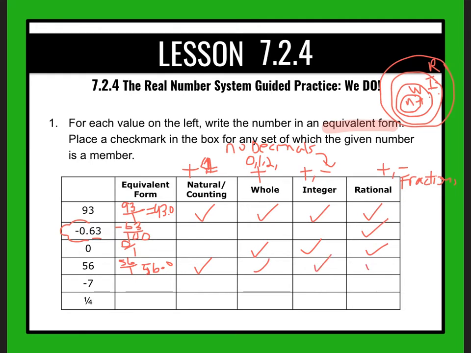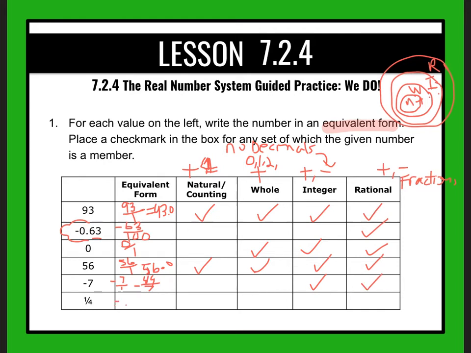I know it's an integer, and it's rational because it can be written in fraction form. Negative 7. Negative 7 I can write as negative 7 over 1. I can even take 49 and divide that by negative 7, because that gives me a negative 7 if I remember my integers. It can't be natural, and it can't be whole because that's a negative value, and these are only positive, but it's definitely an integer because it doesn't have a decimal value, and it's rational.